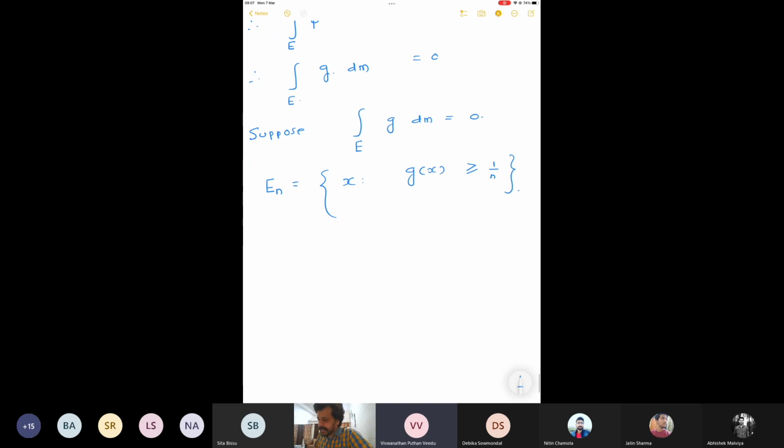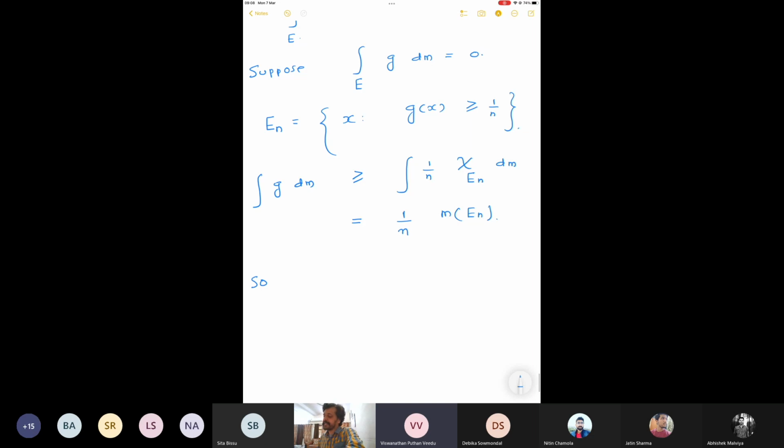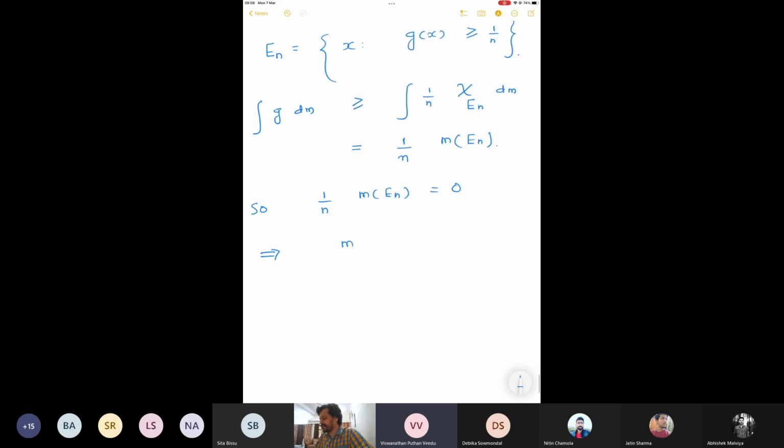Then integral of g dm is greater than or equal to integral of 1 by n chi En dm, because of the definition of En. I don't want to explain too much on this. You can do it. This is 1 by n times measure of En. Think over it. See whether you can get it. And so, since integral of g dm is 0, you will get 1 by n times measure of En is equal to 0. And that will give you measure of En is 0.